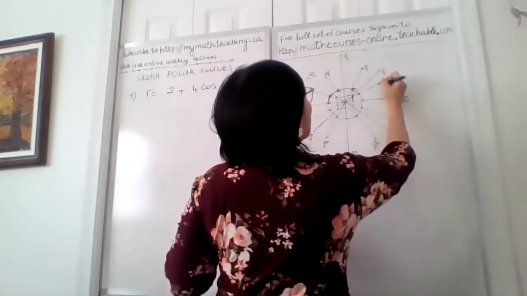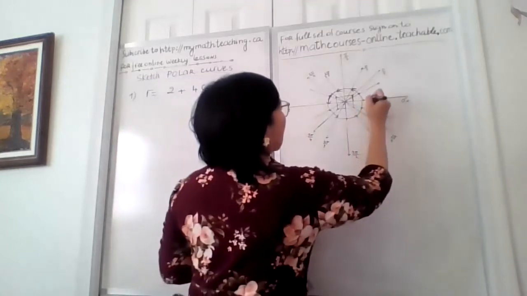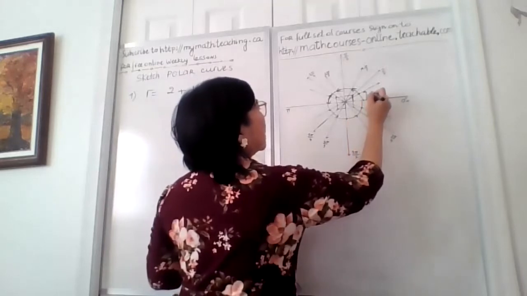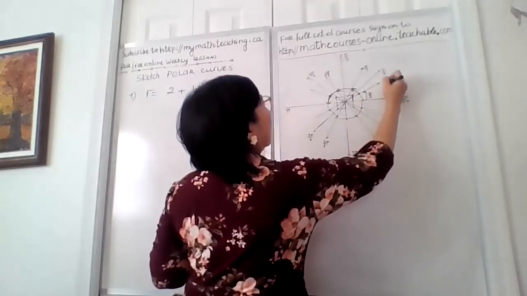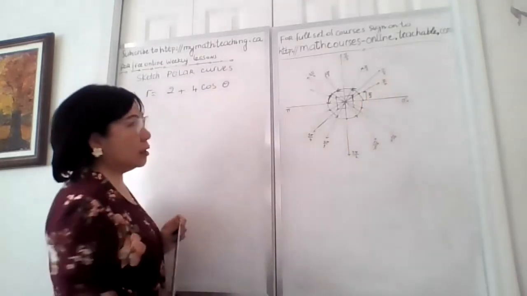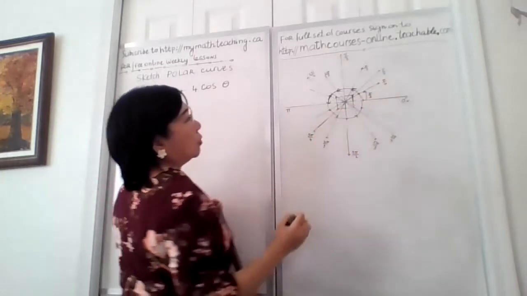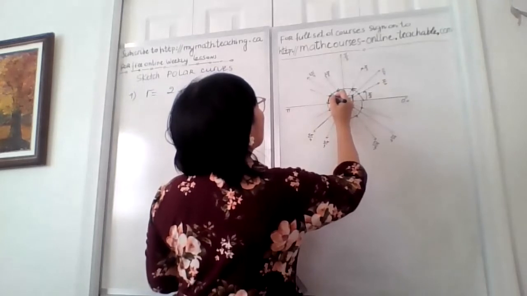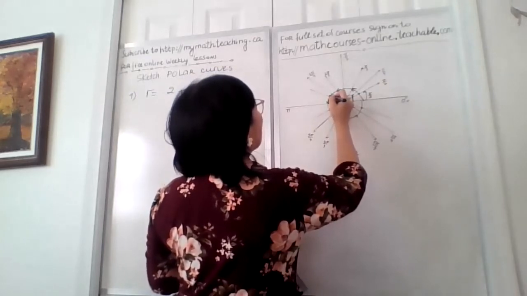So at this arrow, the angle from here to here will be pi over 6. I mark here pi over 6, the little angle here. As well as this one, from here to here.